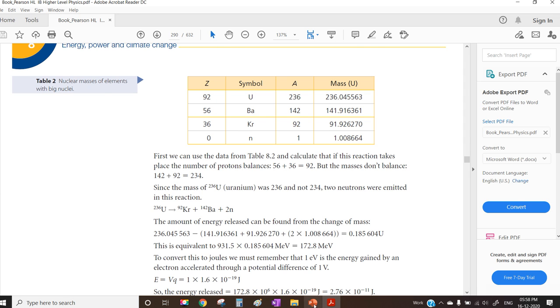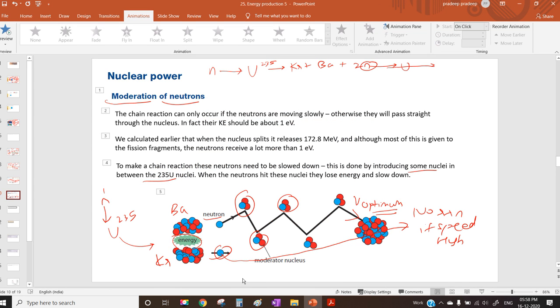Oh, got it. I got the mistake. Before that, just let me know when you finish writing this moderation part.